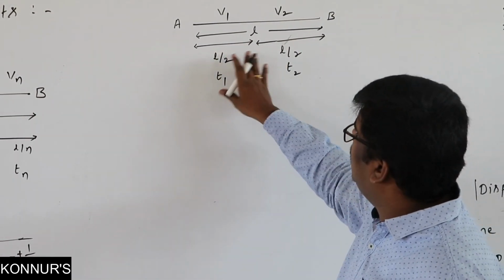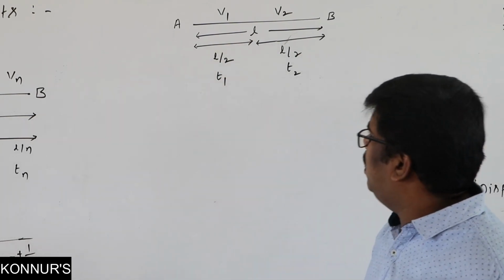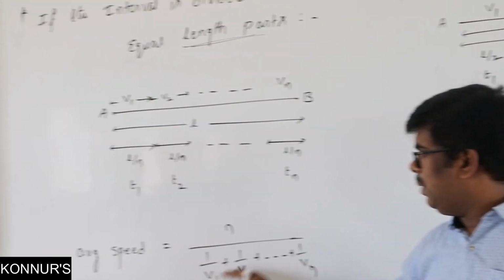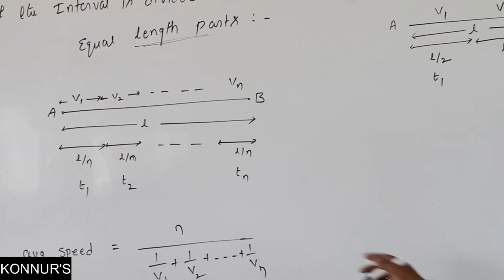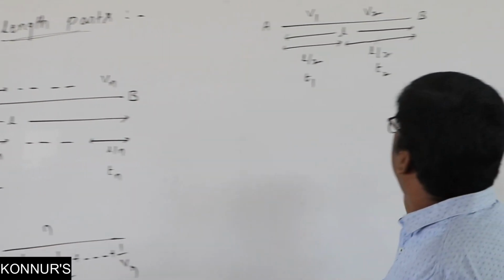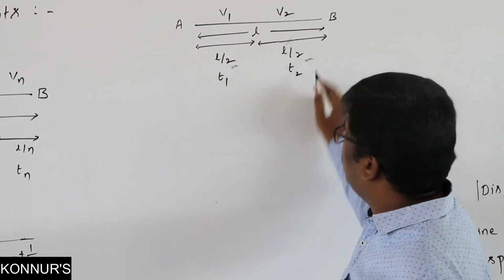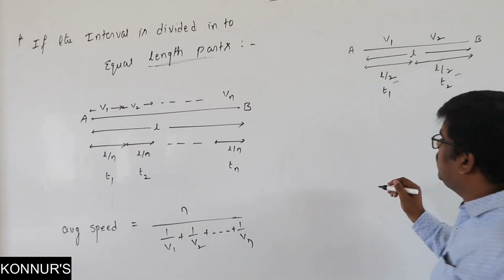Now we are discussing the path divided into equal parts. In this case, the expression is average speed equals n by (1 by V1 plus 1 by V2 and so on, 1 by Vn). Now the path is divided into two equal parts, so in place of n we write 2.